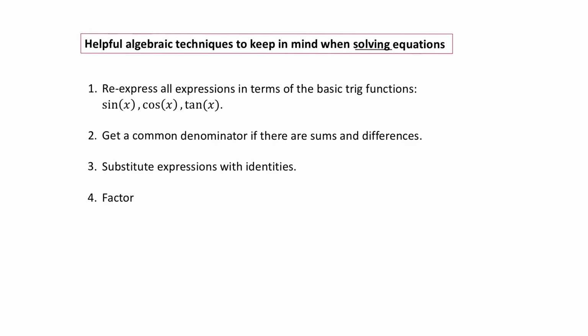Technically, this can be really helpful. Also, if you have fractions, consider getting a common denominator in order to simplify. If you can substitute an expression in the equation with an identity, that could end up being extremely helpful as well. And if you have quadratics or common factors, think of factoring. Always factor, factor, factor.